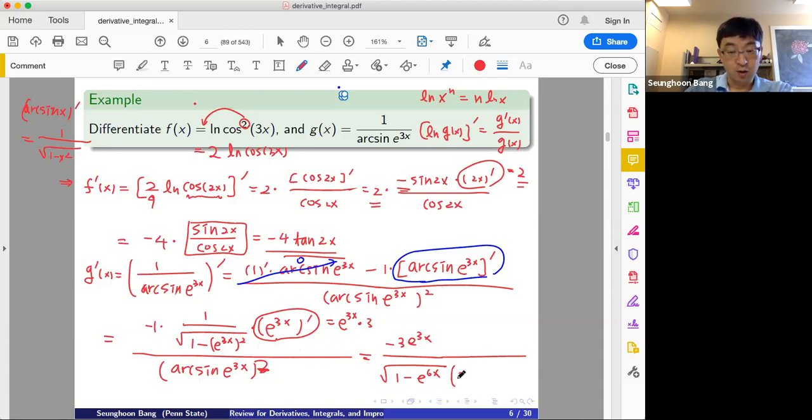We have arc sine of e to the 3x whole squared. That's it. This is the idea for solving these problems.